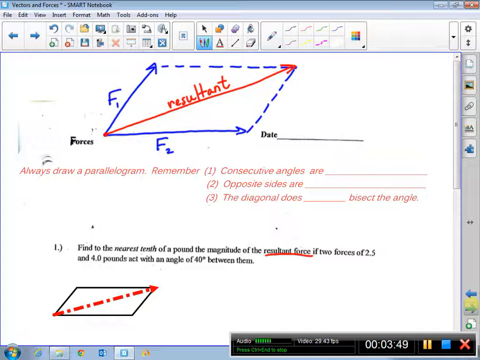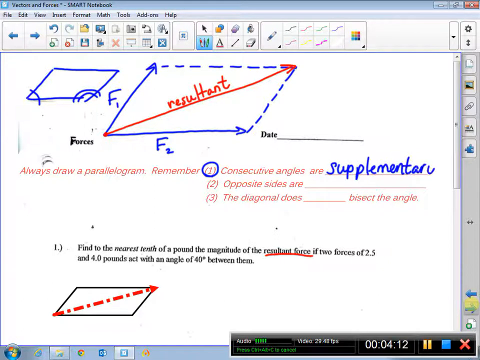So when we draw a parallelogram, we want to remember certain things about parallelograms. First of all, consecutive angles, so angles that follow each other, like this angle and this angle. Consecutive angles are supplementary, meaning they add up to 180 degrees. Opposite sides in a parallelogram, so maybe this side and this side, opposite sides are congruent.